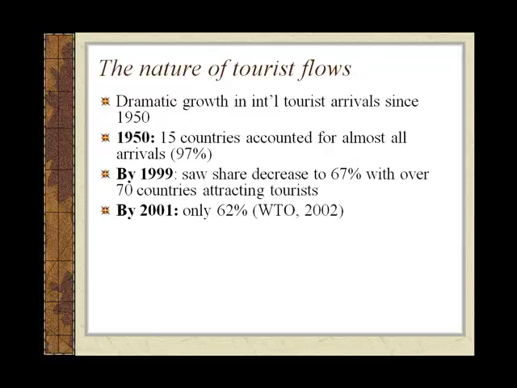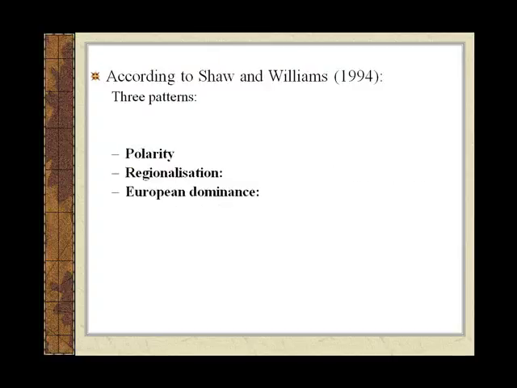Now there is one thing though, and this is what Sean Williams says. There are three patterns of travel, which makes sense. One of them is polarity, and it basically means that international tourism is largely dominated by the industrialized world. So the flows are from developed to developed countries.